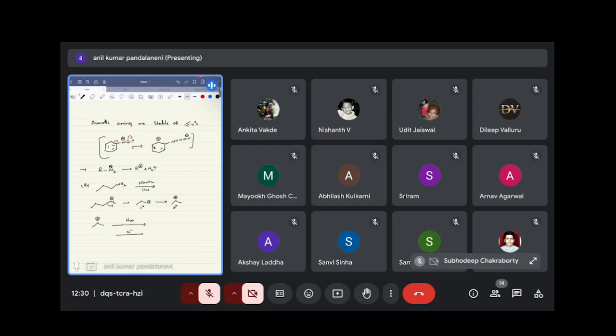Cl minus is there because HCl is there with you. And N2 is a good leaving group, right? Therefore, N2 is leaving as gas, and we can also have a small minor product by H plus elimination. Therefore, I can have phenol, I can have alkyl halide, I can have here alkene. Out of these three, what you have learned, which is major? This is major.